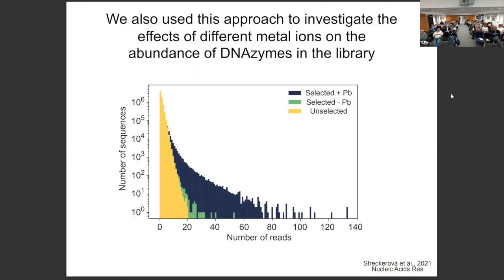We estimate that RNA-cleaving deoxyribozymes are about 1,000 times more common in the presence of lead than in the absence of lead. So this is perhaps not surprising. It's known that lead can promote the non-enzymatic cleavage of RNA, but this is kind of experimental evidence showing the importance of different cofactors in this particular reaction.